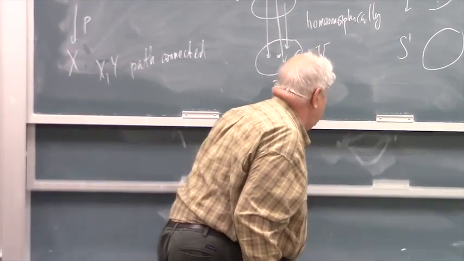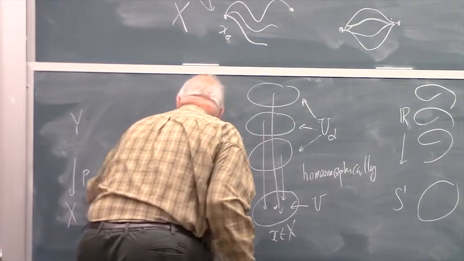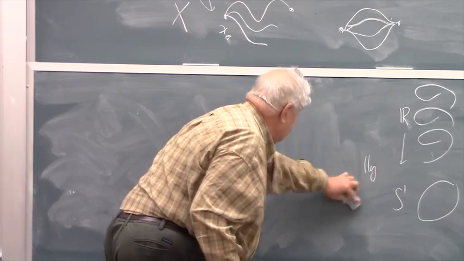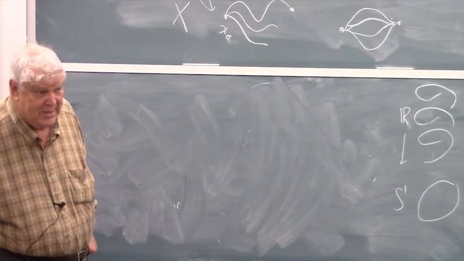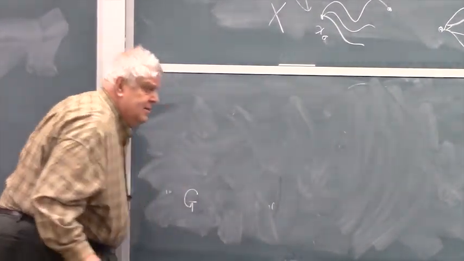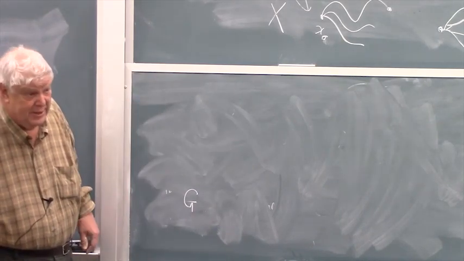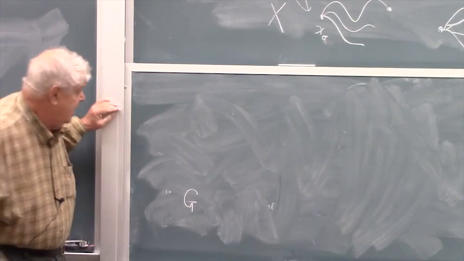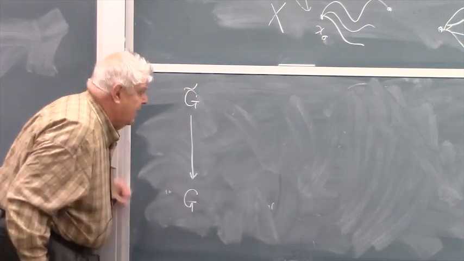Now, why do we need this construction, this notion? This is because of the following thing. Suppose that we have not some mysterious space X, but rather a Lie group G. It is a manifold. I suppose it is connected. Otherwise, I cannot apply the theory here. And suppose that for this or that reason, it has a covering, some covering.